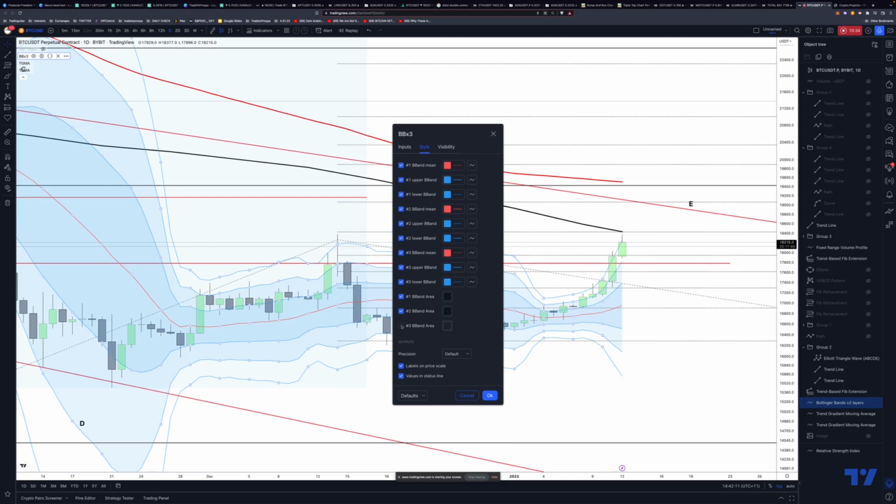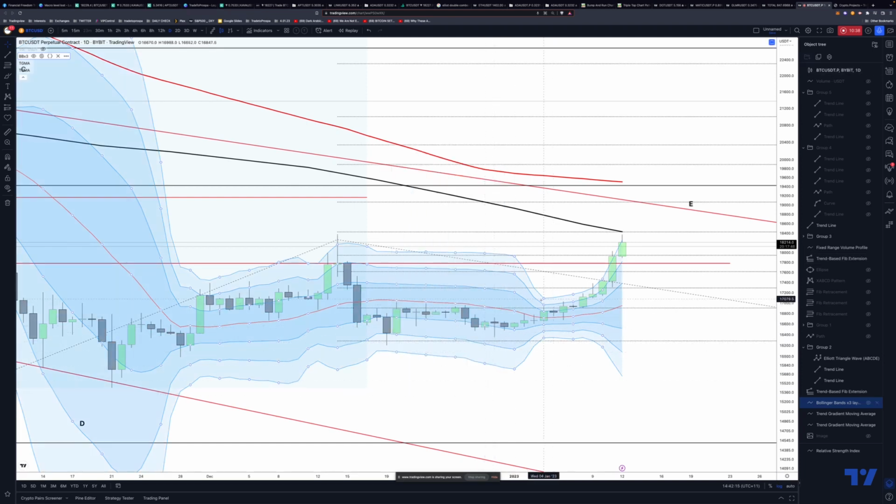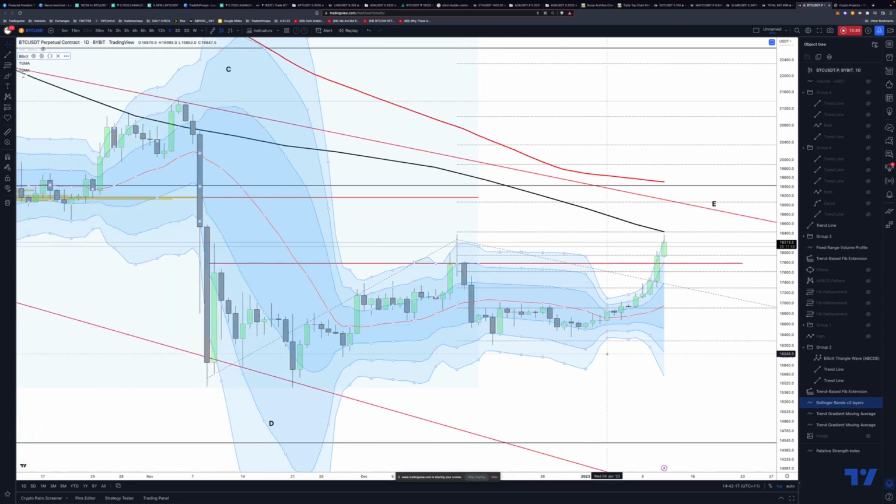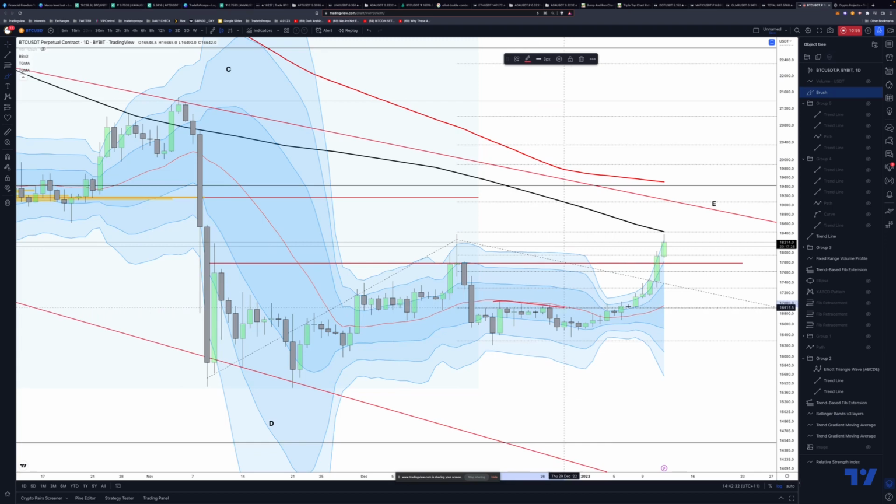So we're highly extended, and chances are, so we had this squeeze, nice squeeze, and you can see how once the squeeze is complete, this didn't go down, this went upwards, so that gave us an indication that it's going to go up. And the most important part was that we broke this mean level. So that became support.